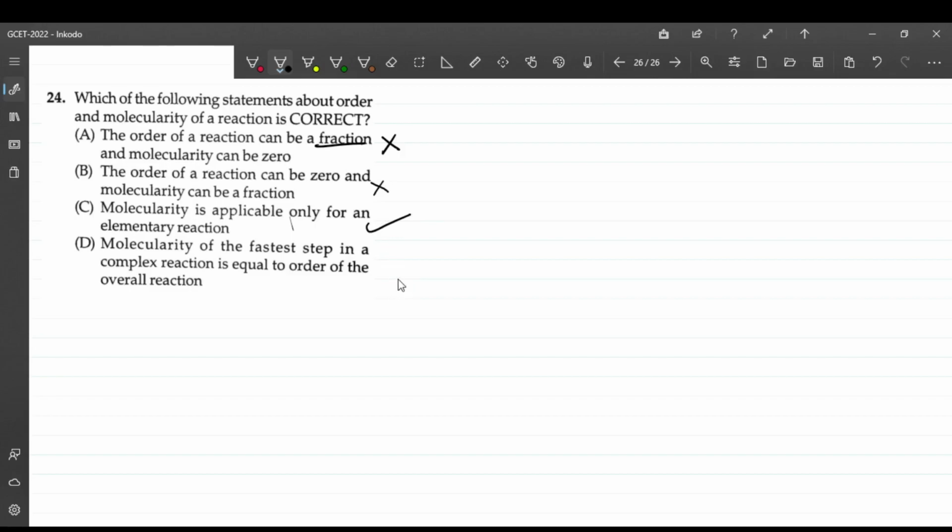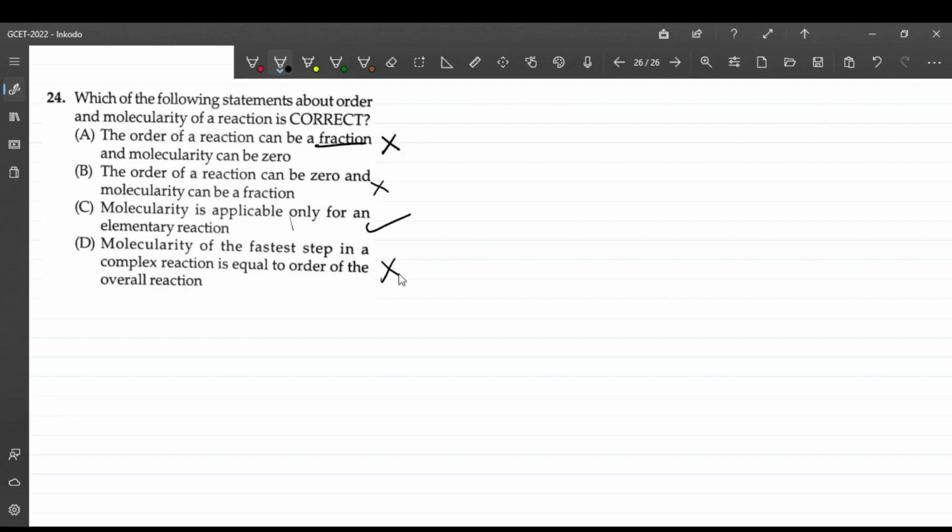And last, option D, why is it wrong? Let's see. Molecularity of the fastest step in a complex reaction is equal to the order of the overall reaction. No, this is also not correct. See, the order of the reaction is taken to be equal to the sum of the stoichiometric coefficients of the slowest step. But molecularity is not like that.